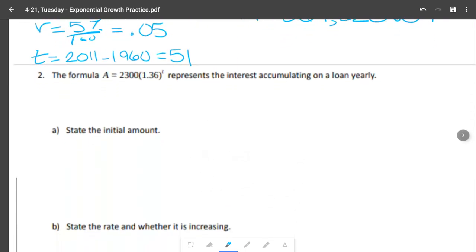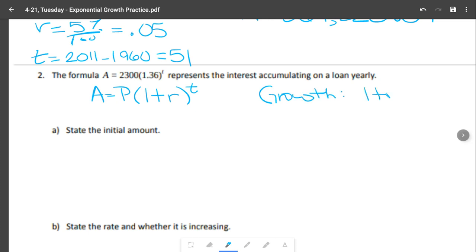Question 2. This formula represents the interest accumulating on a loan yearly. A, state the initial amount. So this here is from your growth formula. Now I know it's my growth formula because remember I said that for growth during the lesson, that 1 plus r in the parenthesis will be greater than 1.